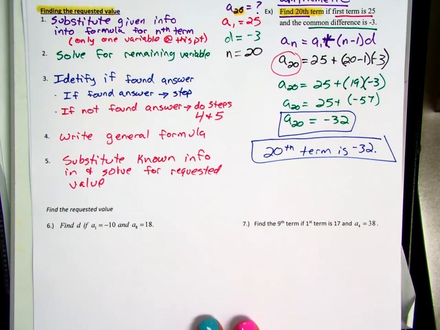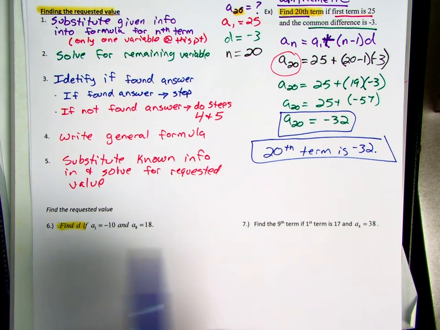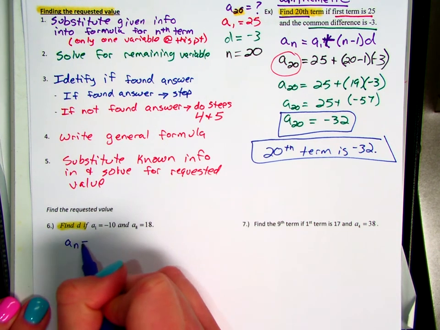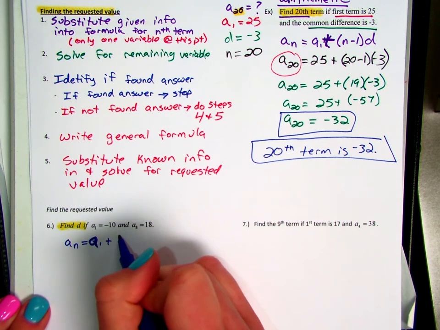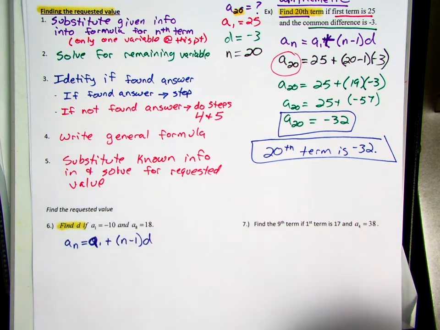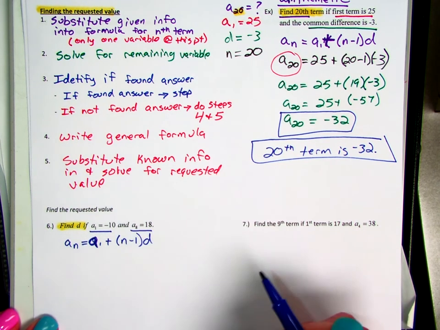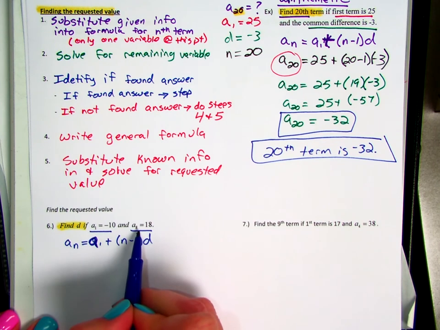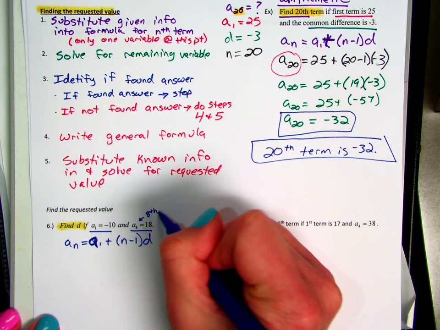Example 6 asks us to find d. So our goal is to find d. And as I've said already, this is going to be based on an arithmetic sequence. So right away I'd write a sub n equals a sub 1 plus n minus 1 times d. Let's start identifying our pieces. We know a sub 1 is 10 because it tells us. We know a sub 8 is 18, so we are looking at the 8th term.